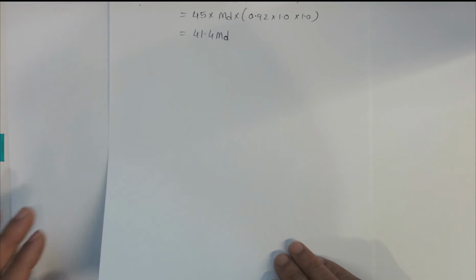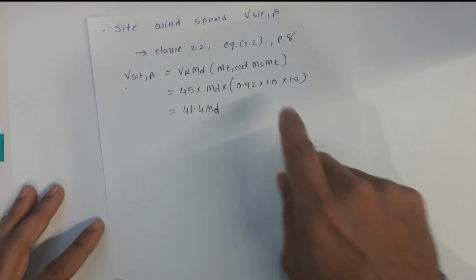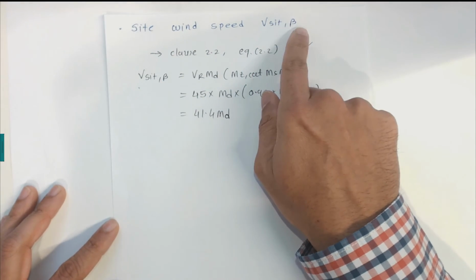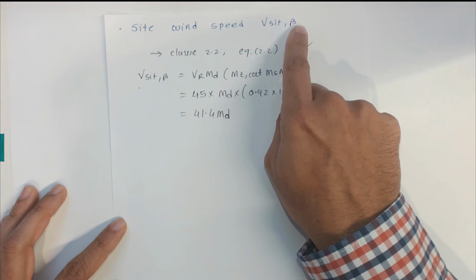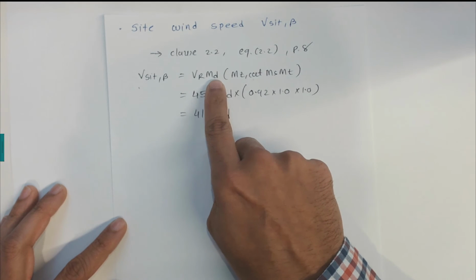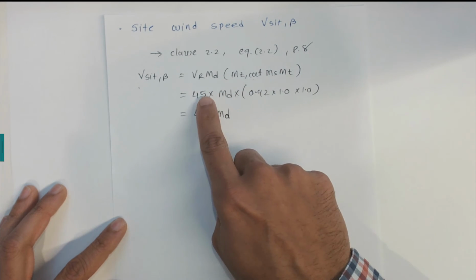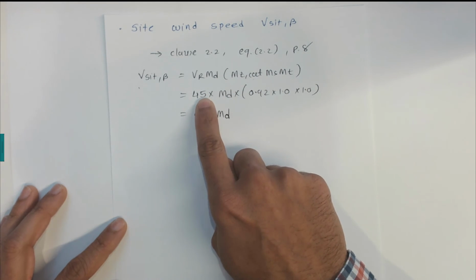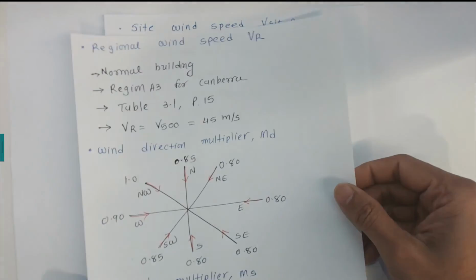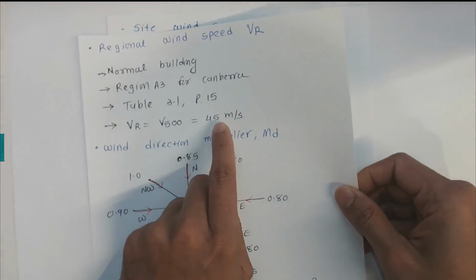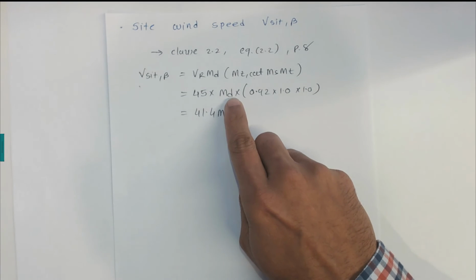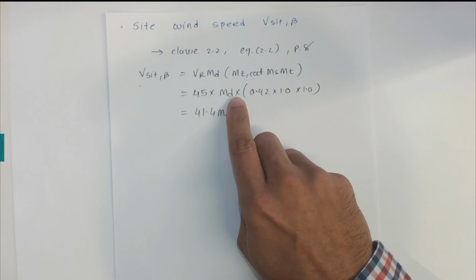Now the last one is the site wind speed, V site beta. Beta is a different direction, 8 different values. VR, MD, MZ, MS and MT, we are going to substitute. We found VR is equal to 45 meters per second. MD we have different values, so we are not substituting right now.